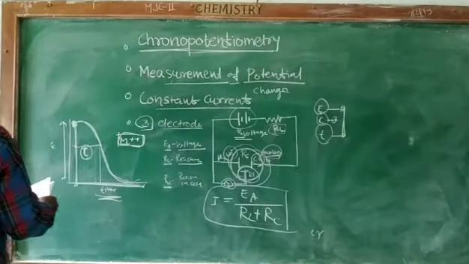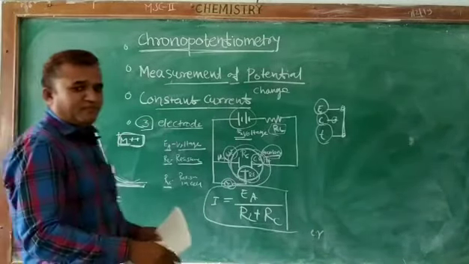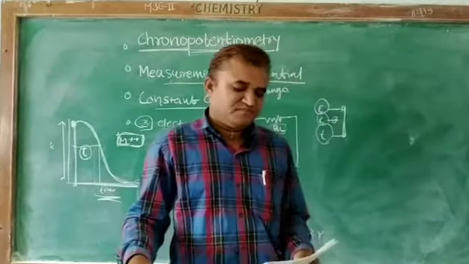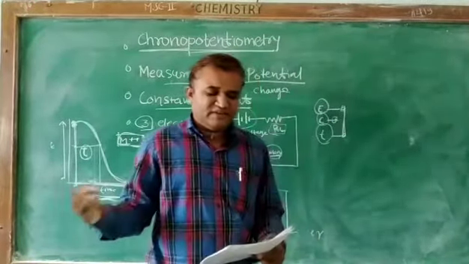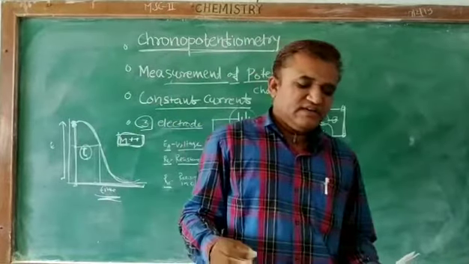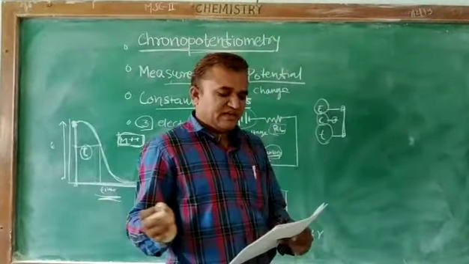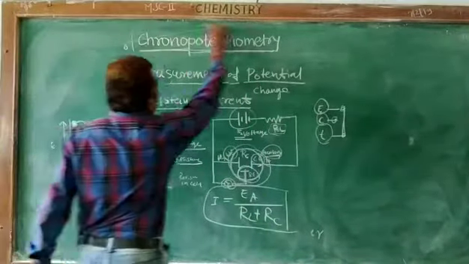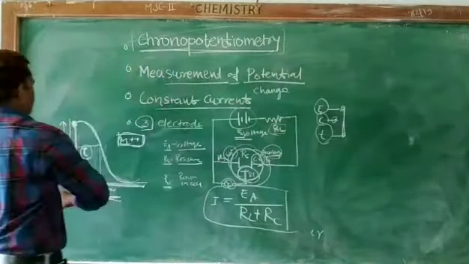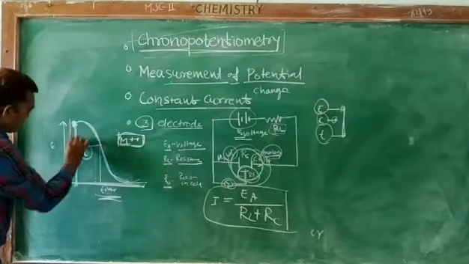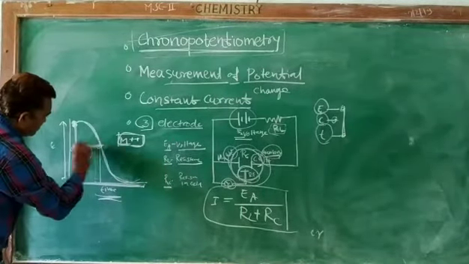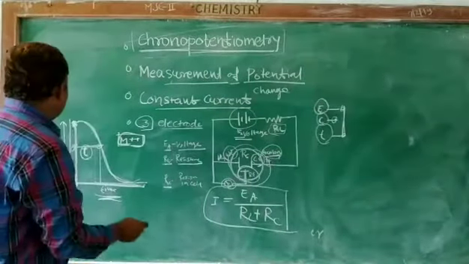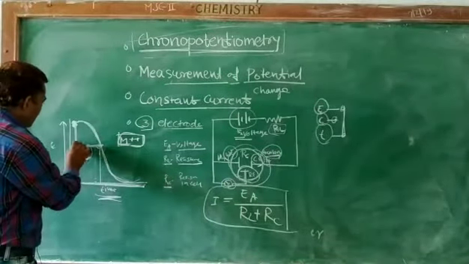The main importance of chronopotentiometry is the kinetic study of chemical reactions, second, irreversible electrode processes, and third, the study of complex ions. So from the graph, we get the concentration of metal ion in that chemical solution.